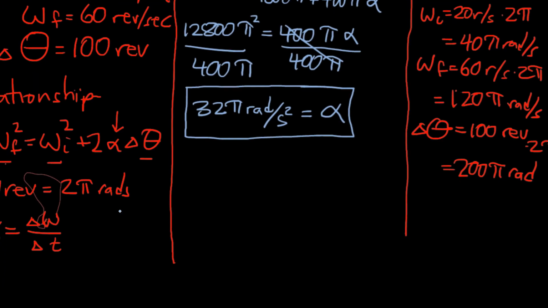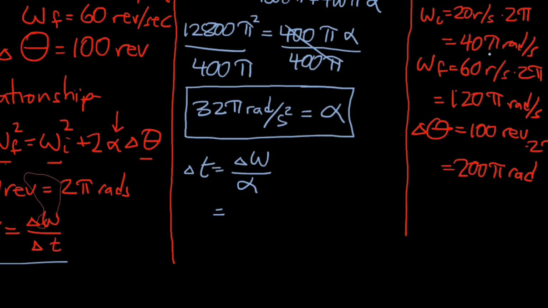How about our time? I see my relationship over here. I could rewrite that as my change in time is equal to my change in angular velocity over my acceleration. Let's put some numbers in there.